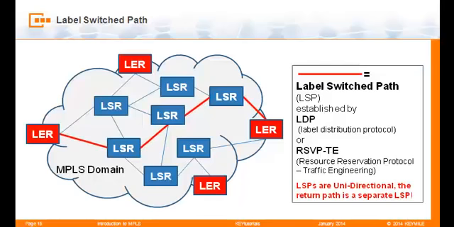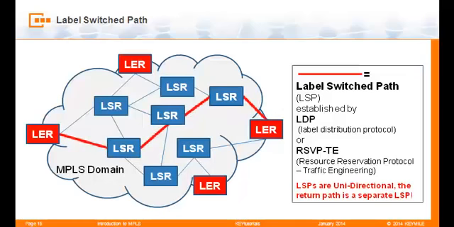This is either Label Distribution Protocol, LDP, or Resource Reservation Protocol Traffic Engineering, RSVP-TE. And by the way, all LSPs, label switched paths, are established unidirectionally, one direction only. The return path may take a different route.